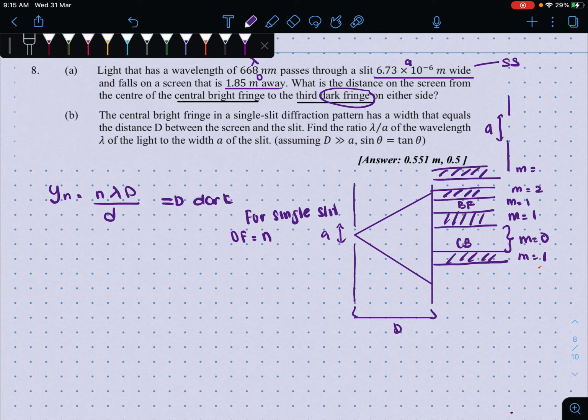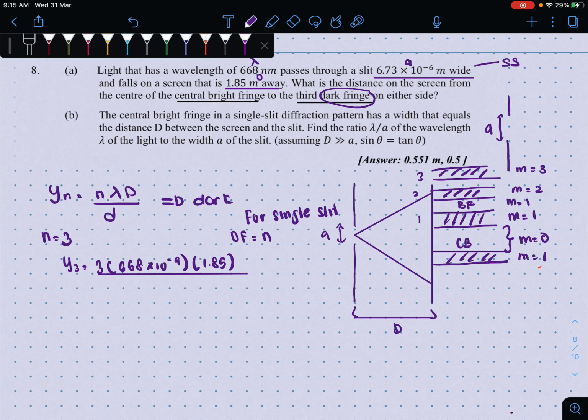So sekarang dia nak tahu untuk third dark fringe. Ini first, ini second, ini third. Maka order dia pun N sama dengan 3. So N is equals to 3 here. Okay, so kita nak cari Y3 sama dengan 3 darab dengan wavelength kita adalah 668 times 10 to the power negative 9. D kita dekat sini adalah 1.85 meter.